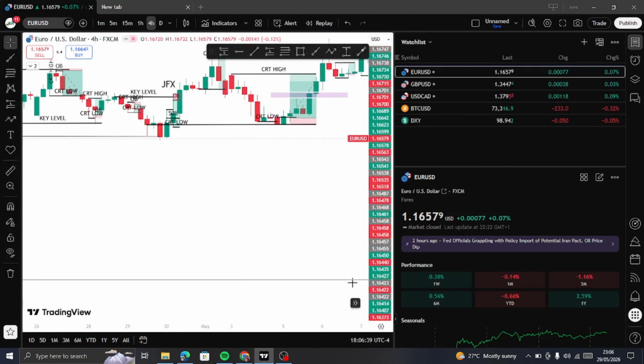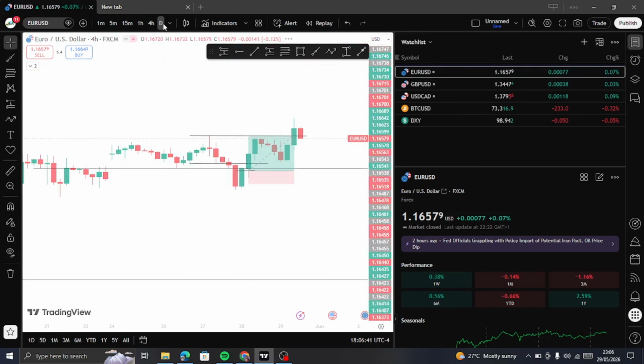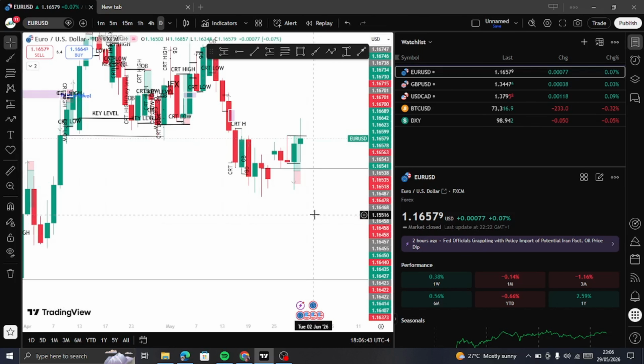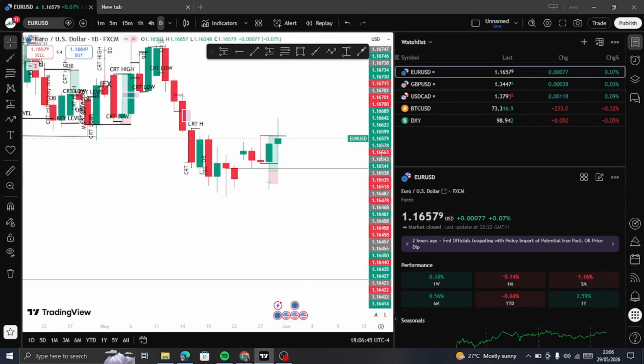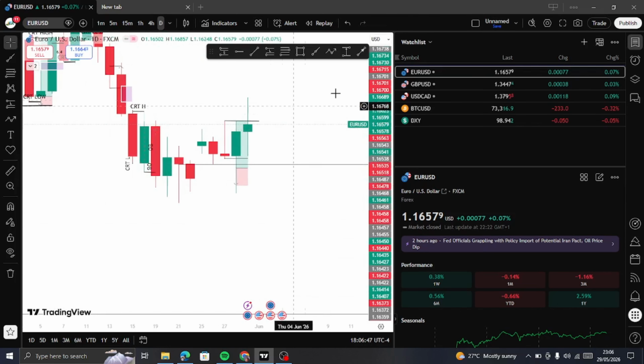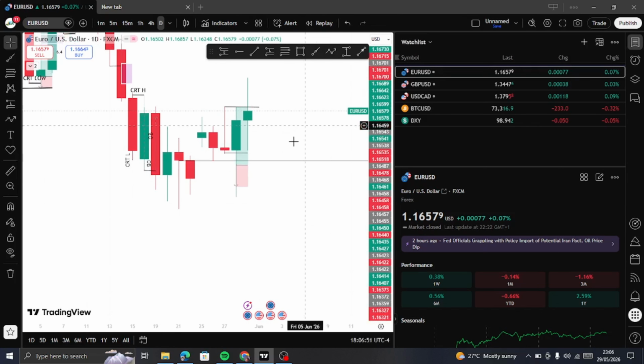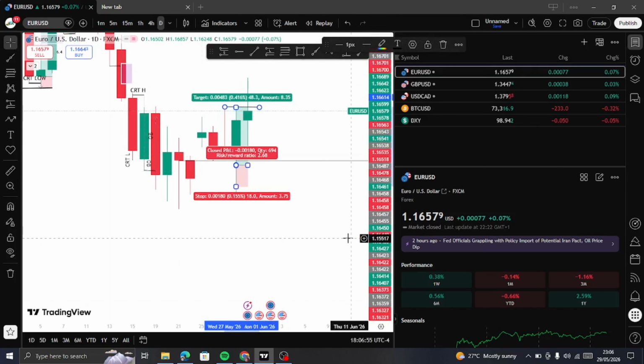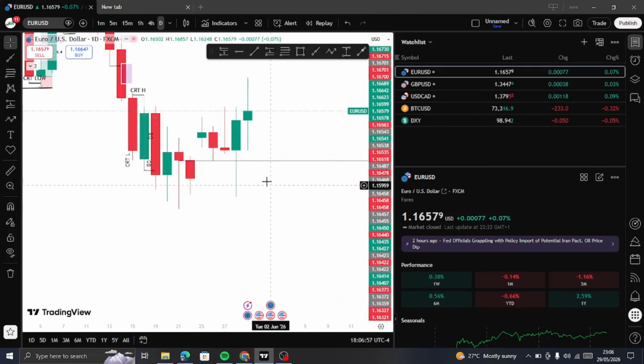So I'll use the daily time frame as example. So this was the trade I took. I took one trade and I didn't take the rest because I was a little busy today. So I'm going to delete this and restart it again.